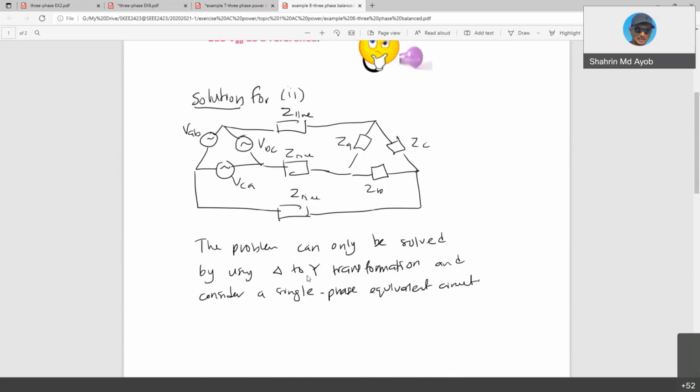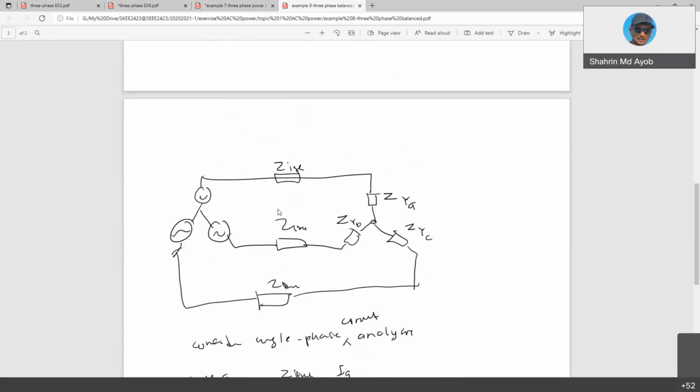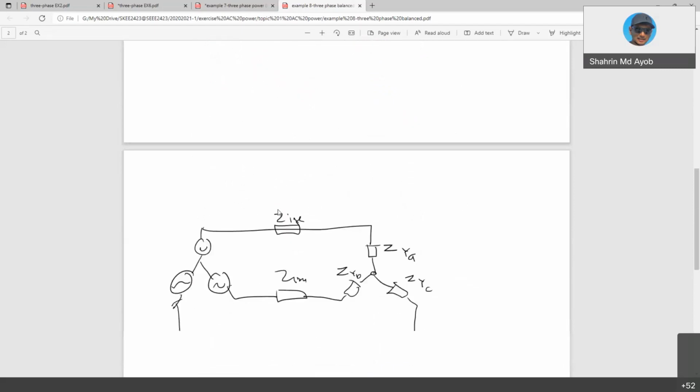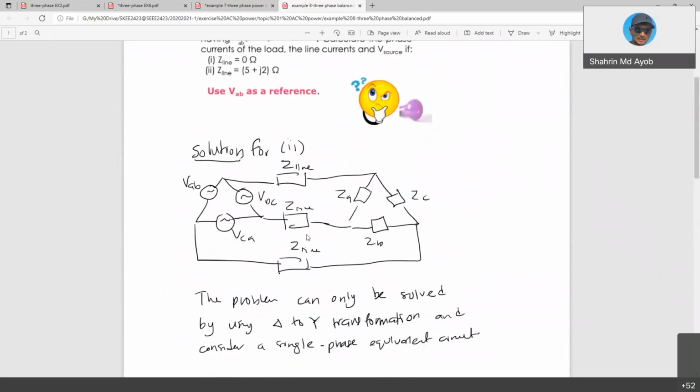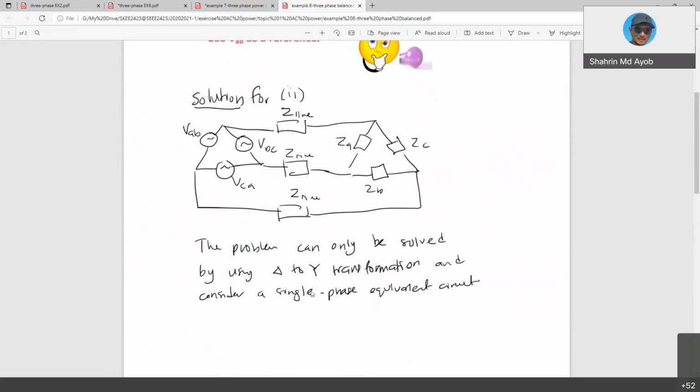But for this example, to have a single phase equivalent, the delta needs to be converted into Y connection. Any circuit in delta connection, you need to convert into Y connection using delta to Y transformation.